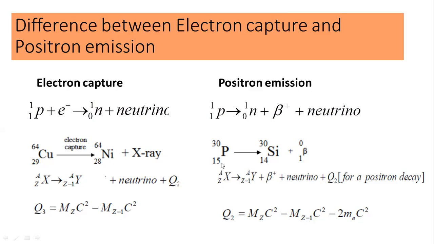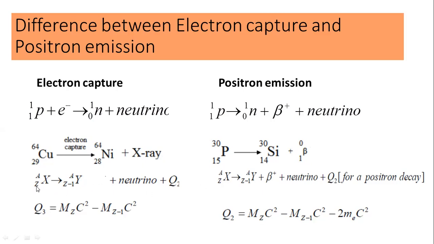What is different over here? With the electron capture, you will get the X-rays. With the positron emission, you would get the positron over here. And again, there are other processes which are associated with the positron emission, and for this you have to watch that video again. So what would be the equations? Look at the equation.